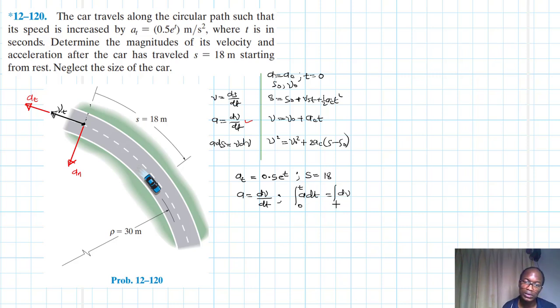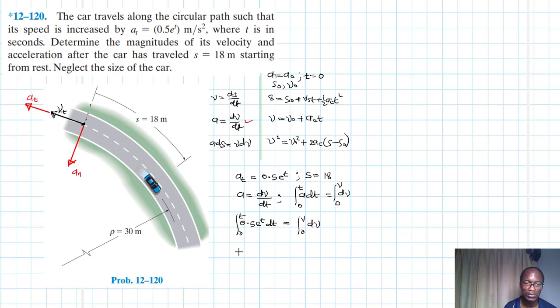and v naught is 0, we are starting from rest, to v. Then we have 0.5 e to the power t, integrating from 0 to t, dt, equal to the integral from 0 to v of dv.